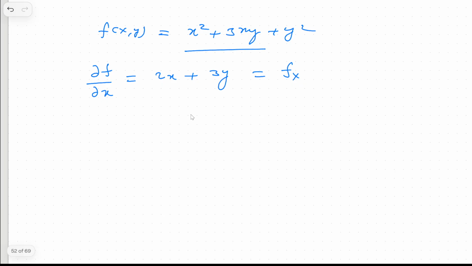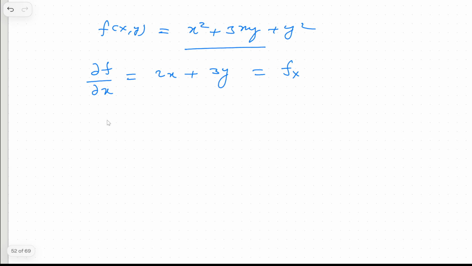Now, similarly, if we calculate in a similar way del f by del y, then what we will get? 3x, because of the second term. The first term will vanish since x becomes constant, and this will become 2y.